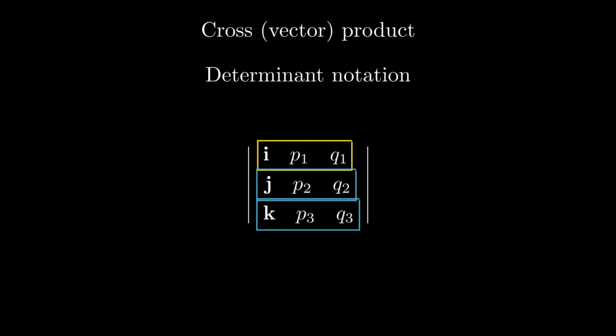So for the I component of the crossed vector, which will be formed as a result of crossing P and Q, we delete the row that has the I components, and then we take the determinant of the remaining 2 by 2. So we would do P2 times Q3 minus P3 times Q2, which would be the determinant for a 2 by 2 matrix with these elements. And we could do the same for J and K, which will help us to derive the formula.